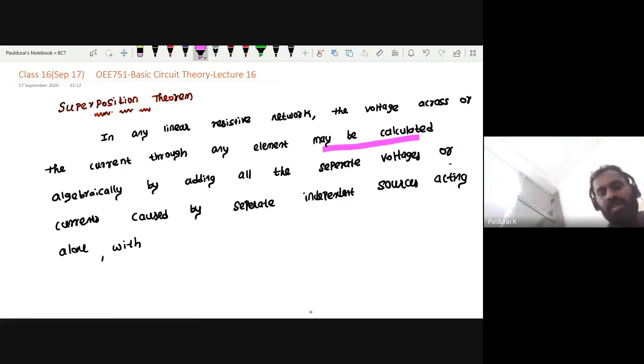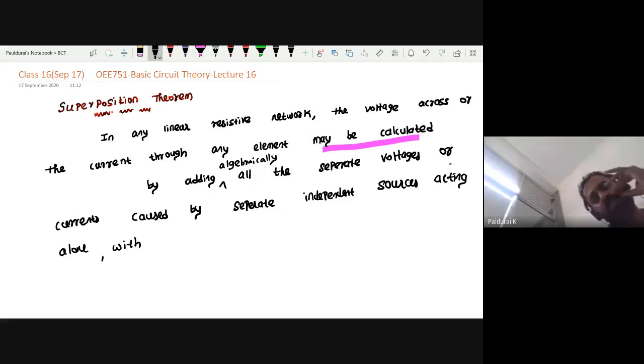So the voltage or current may be calculated by adding algebraically all the separate voltages or currents caused by separate independent sources acting alone, with all the separate independent voltage sources. This keyword is very important.